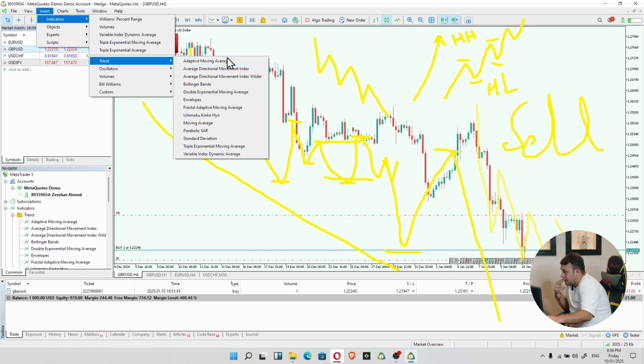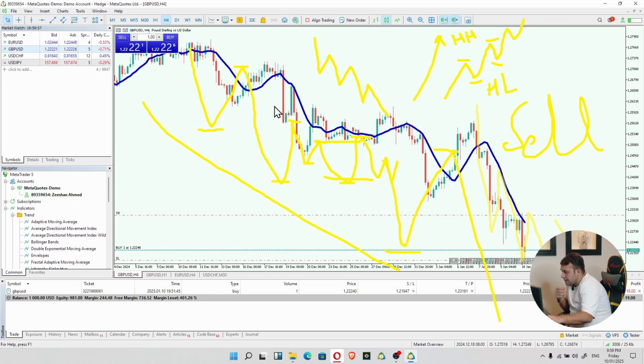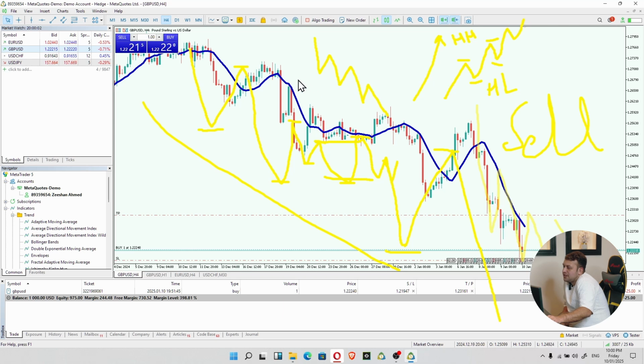For example, adaptive moving average, Bollinger Bands. Let's take a moving average as our example indicator. You go to the settings, you set everything, you come back. Moving average basically gives us dynamic support and resistance, which is a basic part of technical analysis.